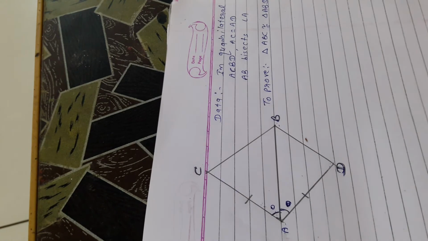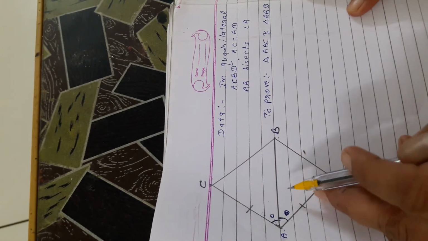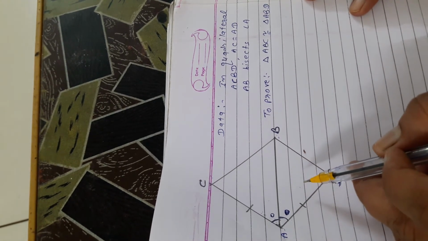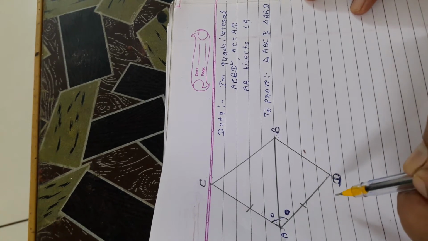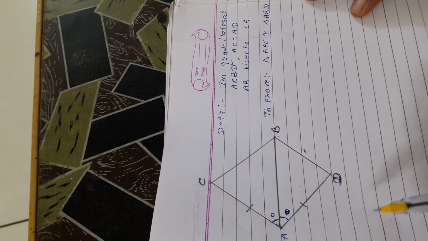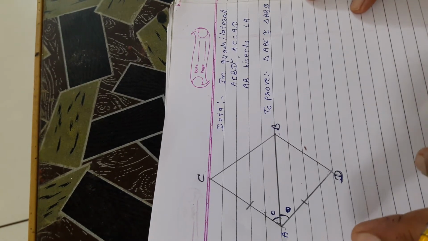Now we know that to prove that two triangles are congruent, we have to use the five criteria I have explained to you: side angle side, ASA, angle side angle, RHS, and SSS.